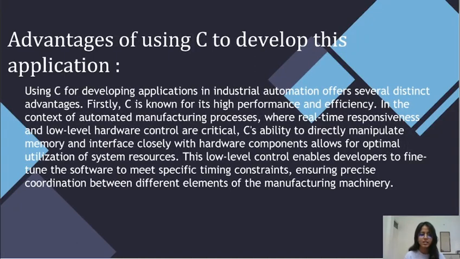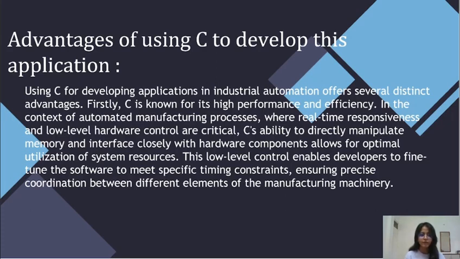Advantages of using C to develop this application. Using C for developing applications in industrial automation offers several distinct advantages. Firstly, C is known for its high performance and efficiency.